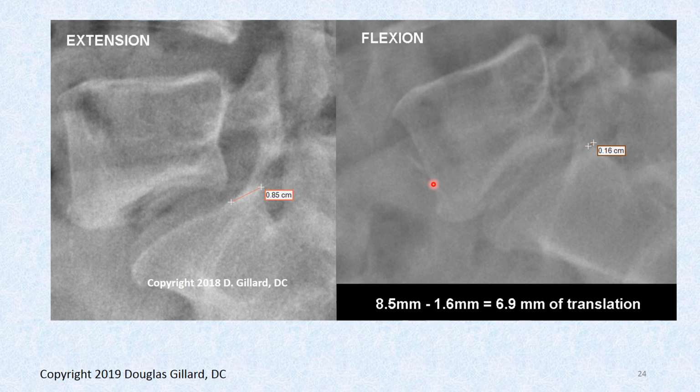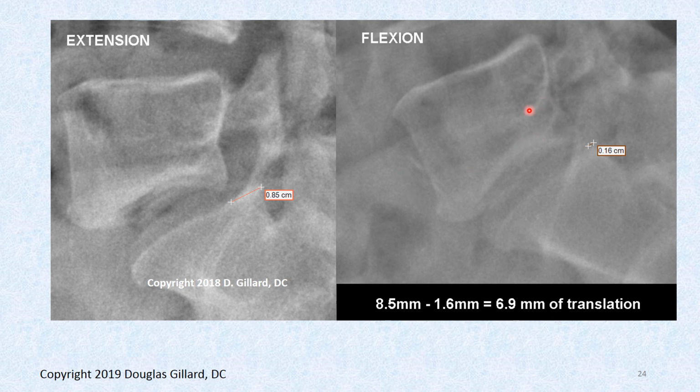So she's got anterior posterior sagittal translational instability. Usually we just call that translational instability. They just get too lazy when they report in the literature. They'll just say anterior posterior translational instability. But technically it's anterior posterior sagittal instability.